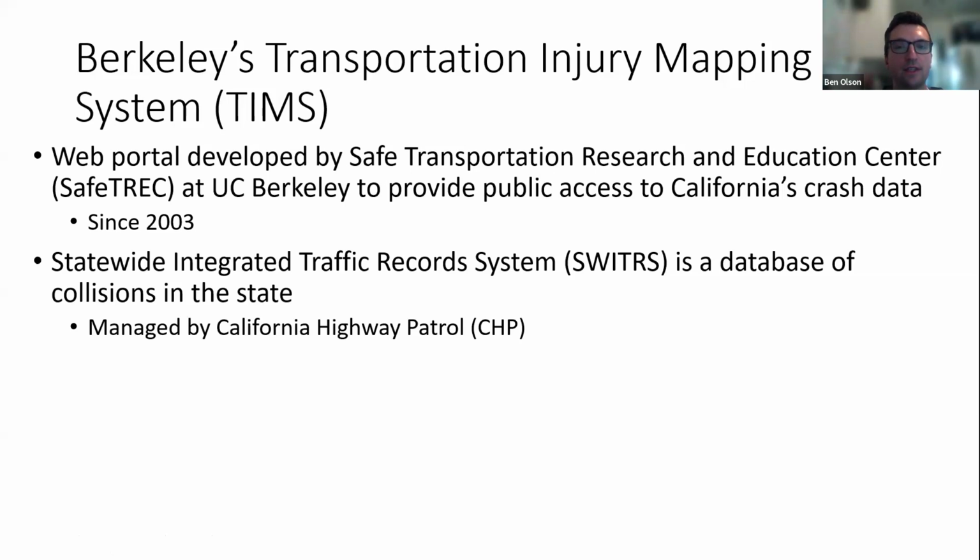So the SWITRS is the data itself, but the TIMS is what makes the SWITRS publicly available and user-friendly to access. The TIMS was set up by this research center at UC Berkeley.